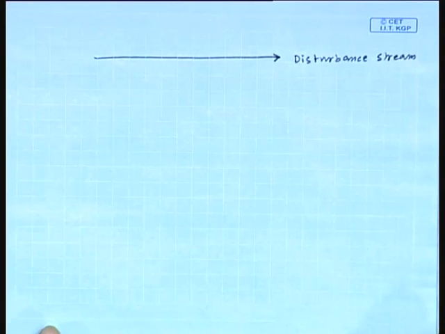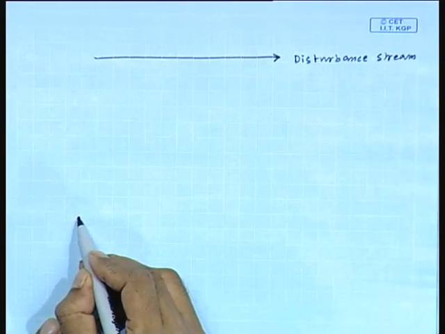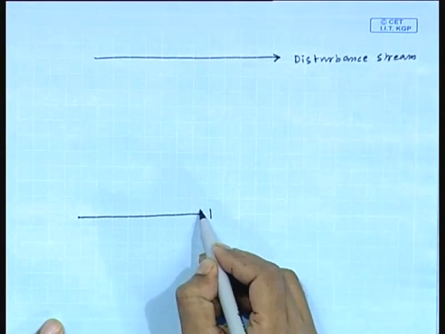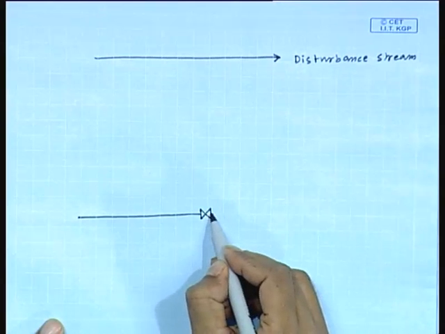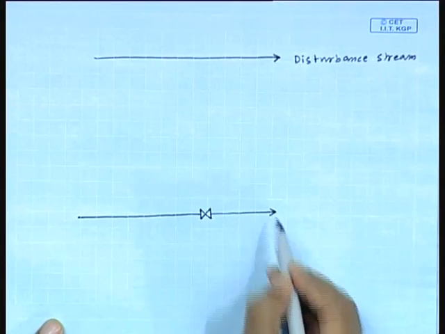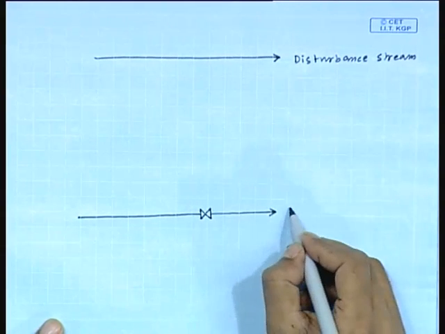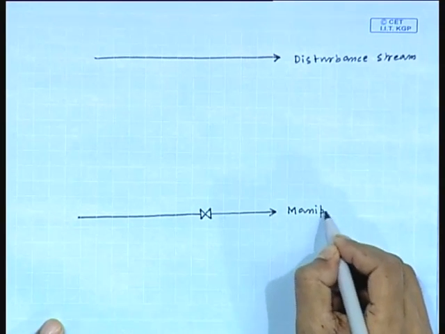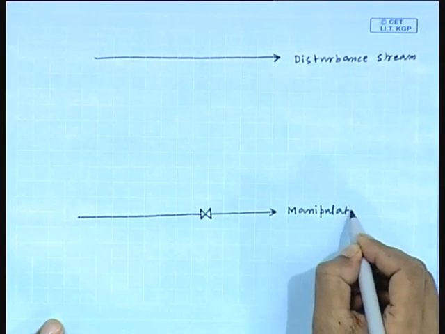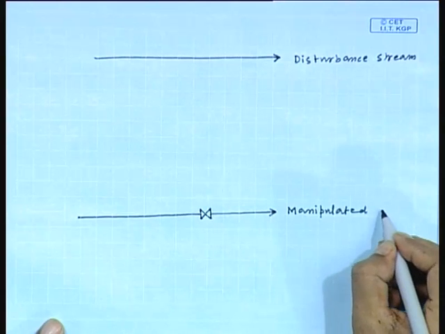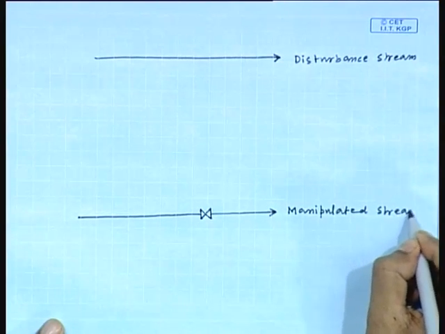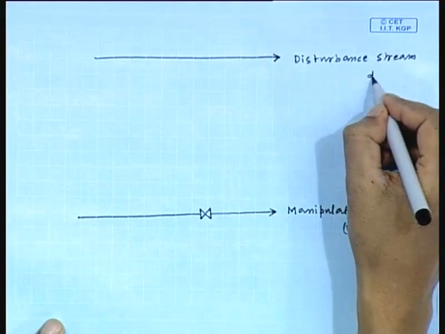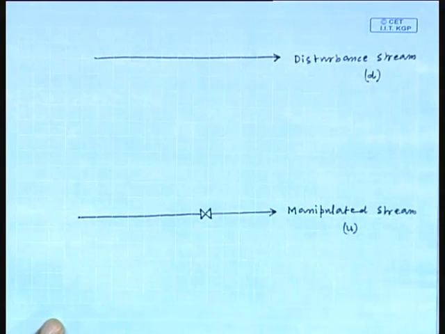Fine. And this is another stream, which we can call the manipulated stream U, and this is D.